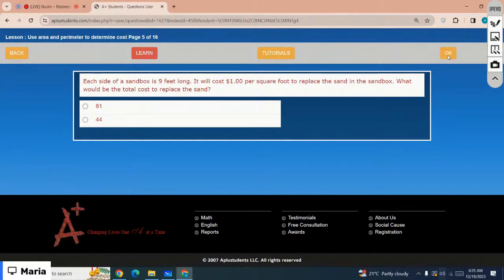Replace the sand. You have to calculate the area. Yes, 9 times 9 is 81. The correct option is 81.